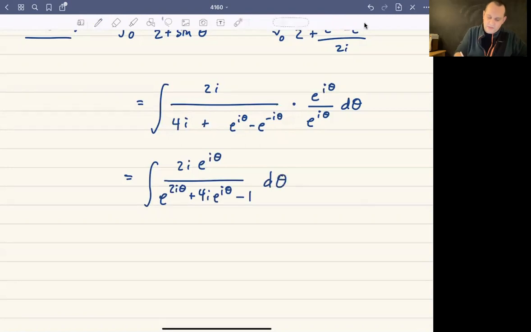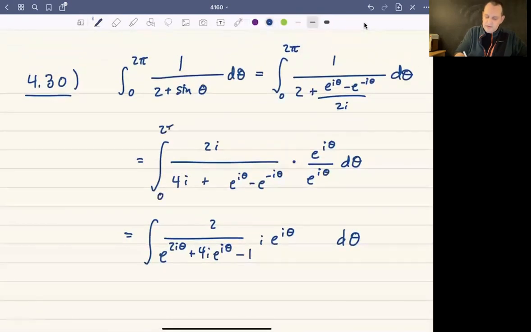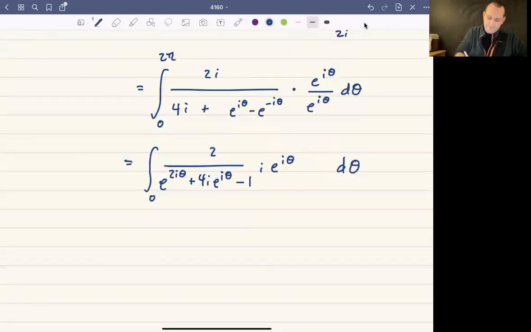And in fact, just to be a slight pain, I apologize, I'm going to move this I e to the I theta outside. Hopefully you'll see what's going to happen next. And I just forgot the bounds for the integral. This is still from 0 to 2 pi.